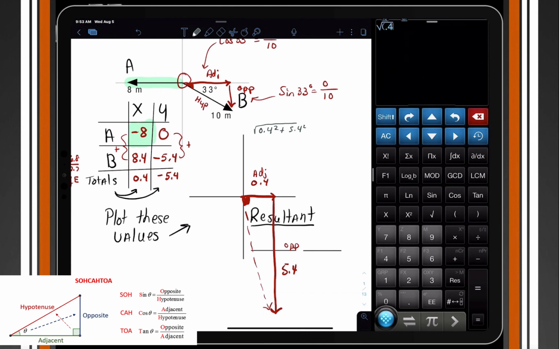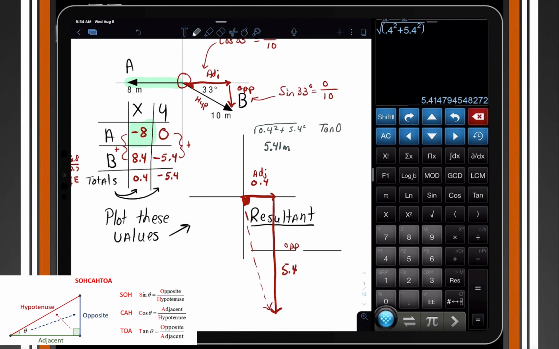We have 0.4 squared plus 5.4 squared equals 5.4. We can't have it be the exact same thing, so it has to be 5.41. You can't have the hypotenuse be the same length as the opposite side. So we'll have 5.41 meters, and then we need an angle for this.